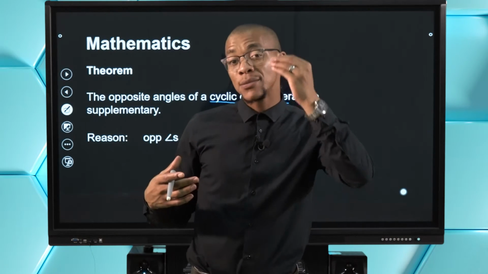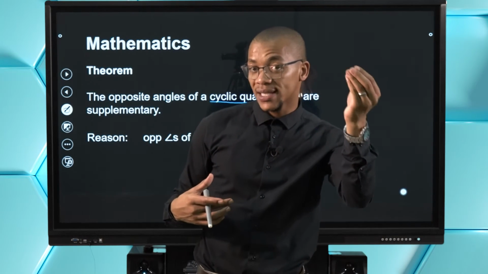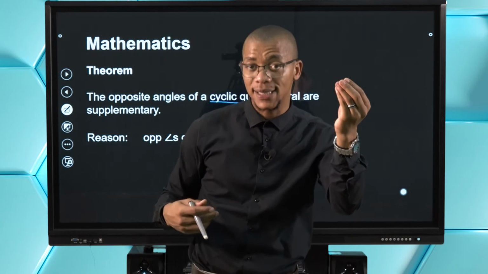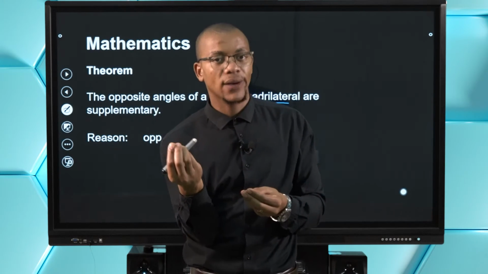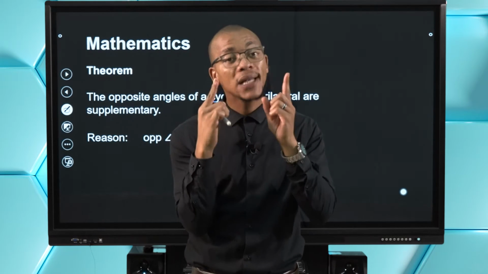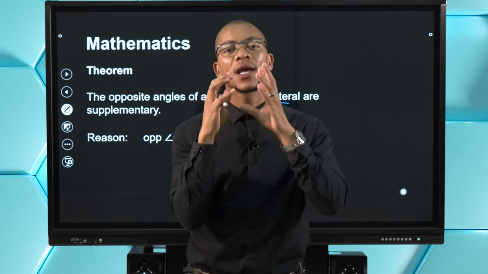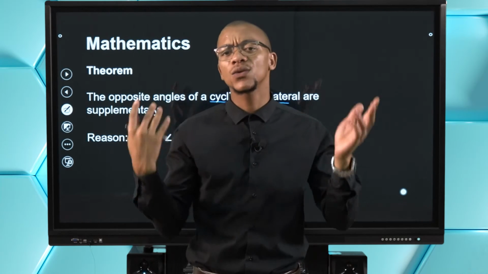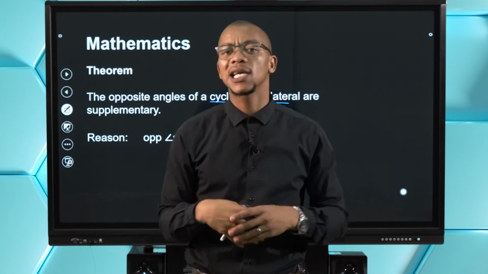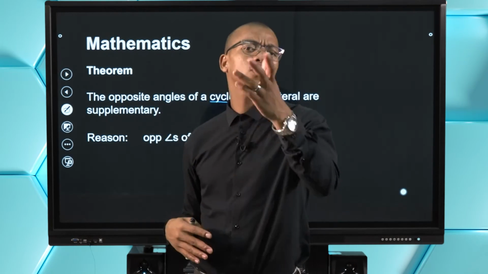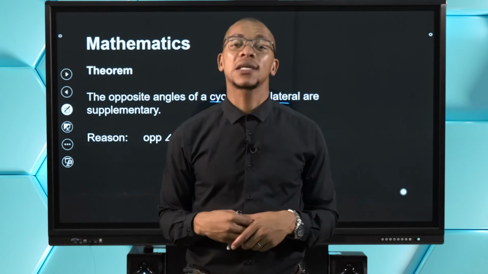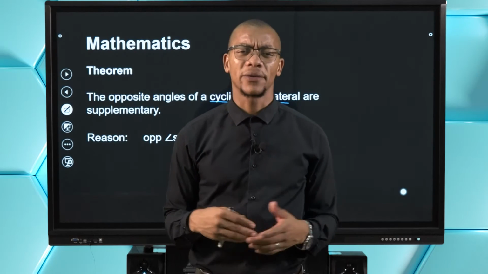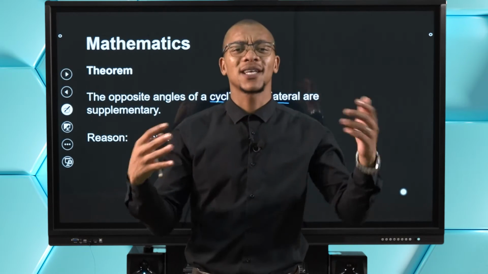No. What makes it a cyclic quadrilateral are the properties that hold for a cyclic quadrilateral, and this is one of them. So please think about this, right? I know that if I was to give you a quadrilateral ABCD, and there is no circle around it, and I say to you, prove that this is a cyclic quad, you will quickly say it's not a cyclic quad. Why? Because the 4 points are not concyclic.